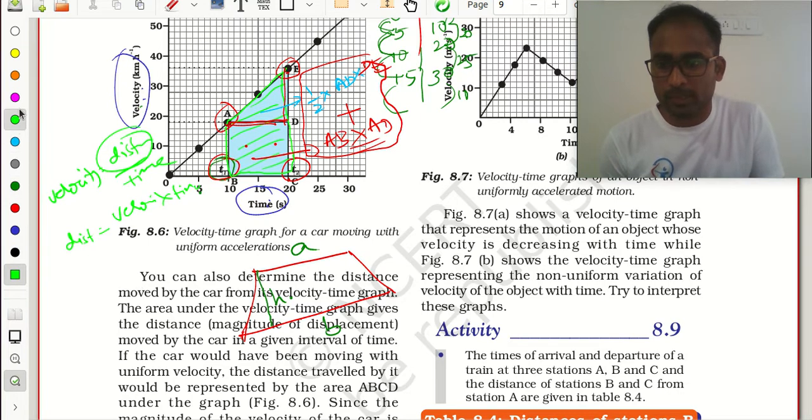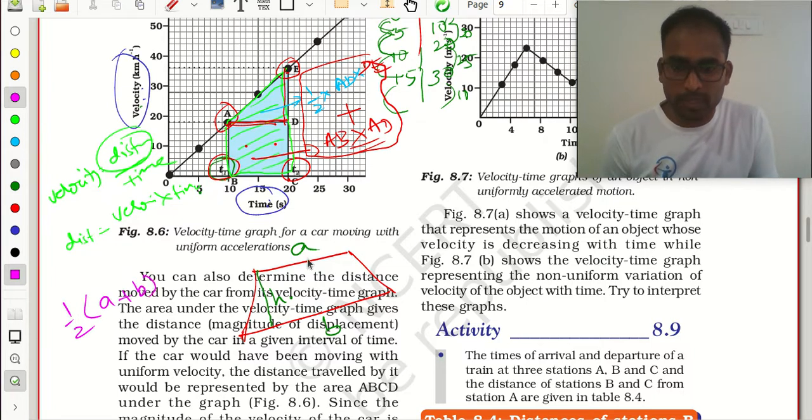The area of a trapezium is half into A plus B, these two sides, into H. This is the area of a trapezium. Understood?